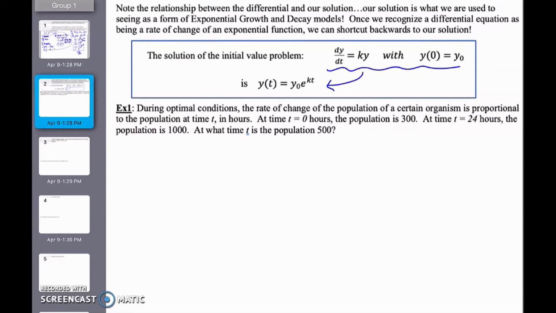So let's take a look at the first example. It says, during optimal conditions, the rate of change of the population of a certain organism is proportional to the population at time t in hours. At time t equals 0 hours, the population is 300. So right there, that's our initial condition. Let's write that down.